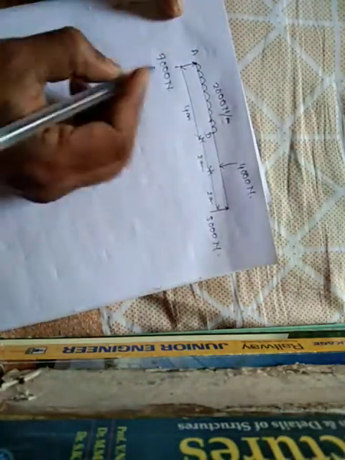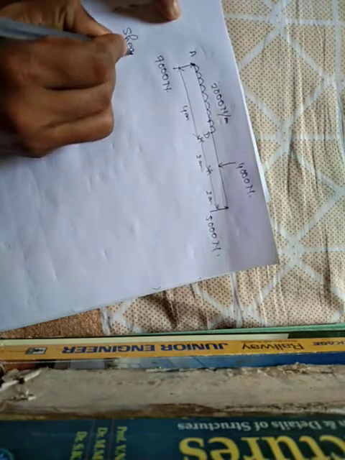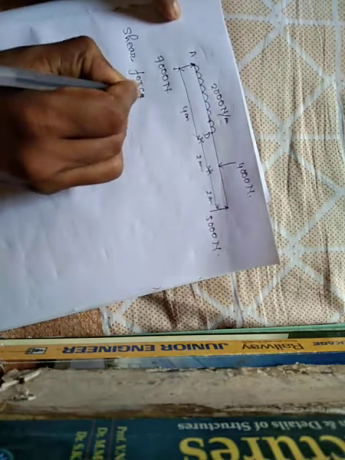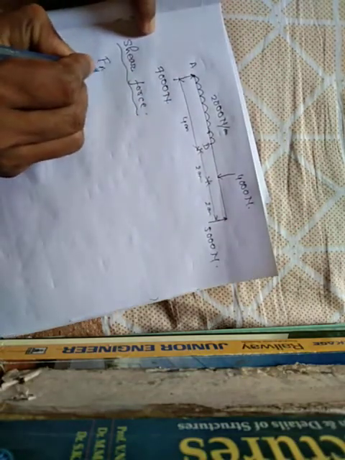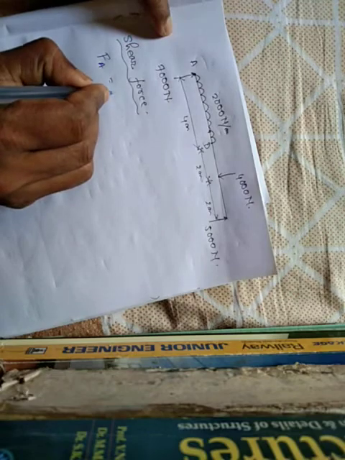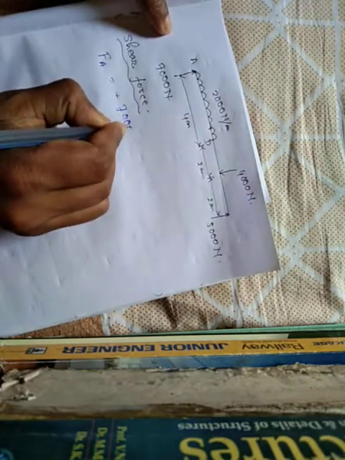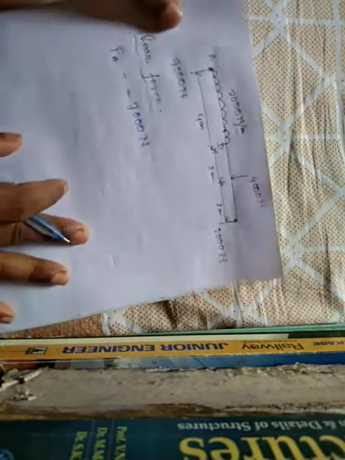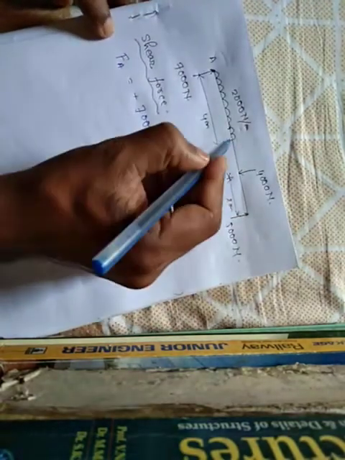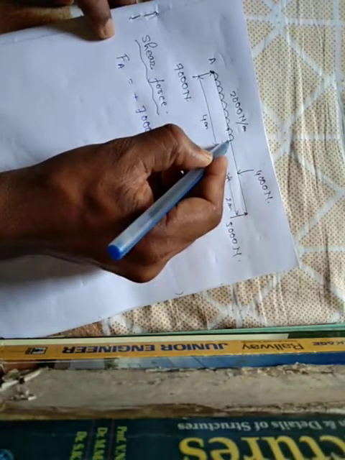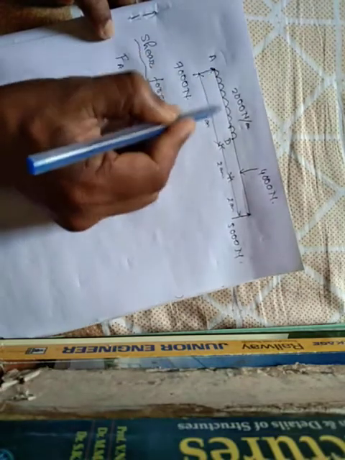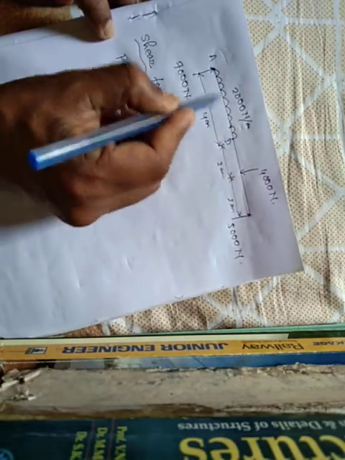Now find out the shear force. Shear force at point A is equals to reaction force at point A, this is 7,000 Newton. Now shear force at point D, find out the shear force at point D. For this uniform distributed load, shear force will be linear shape.